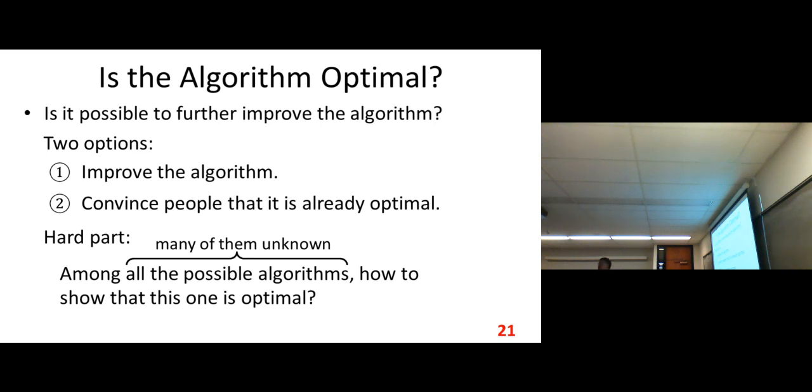Because even those unknown algorithms, remember, the hard part is how to deal with these unknown algorithms, even for the unknown algorithms, they also have the same properties. We can find their properties. So we use those properties to make convincing argument. Let me show you how to do it here.